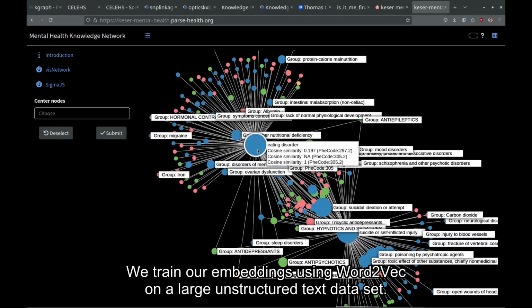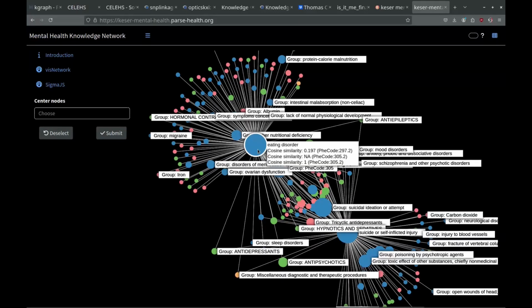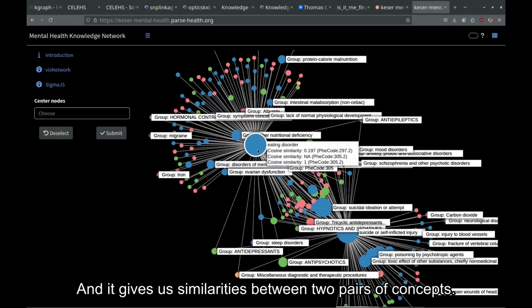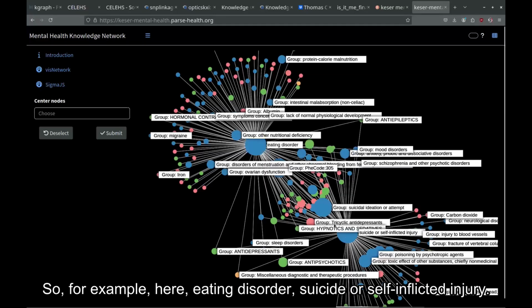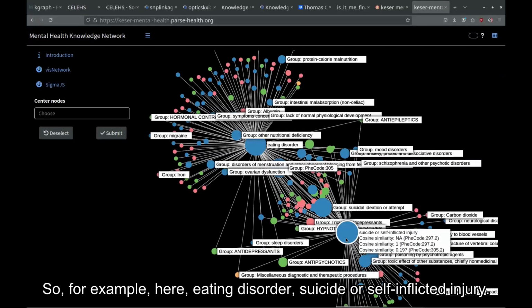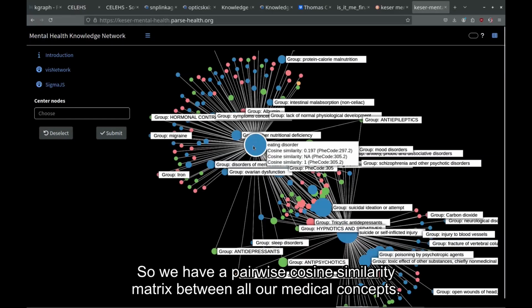We train our embeddings using Word2Vec on a large unstructured text dataset, and it gives us similarities between two pairs of concepts. So for example, here, eating disorder, suicide or self-inflicted injury. So we have a pairwise cosine similarity matrix between all our medical concepts.